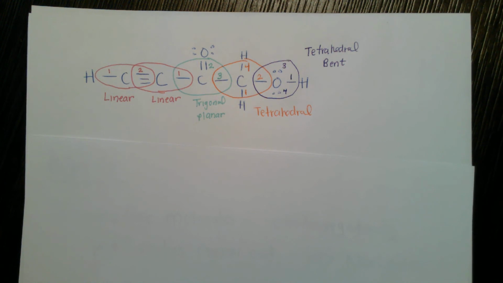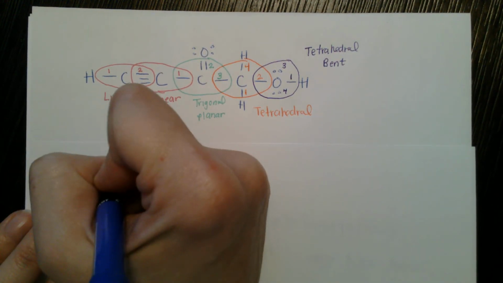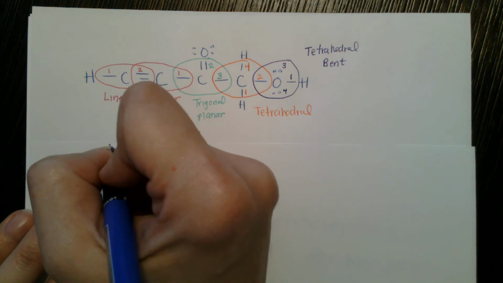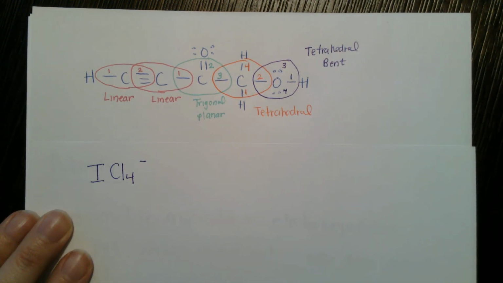To end this section up, for practice, you should do the Lewis structure for ICl4-, which may or may not have been done in the notes from the previous chapter.